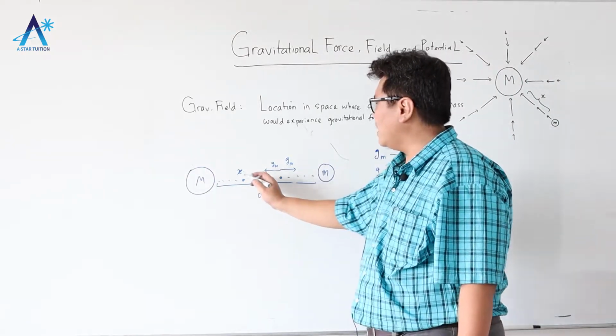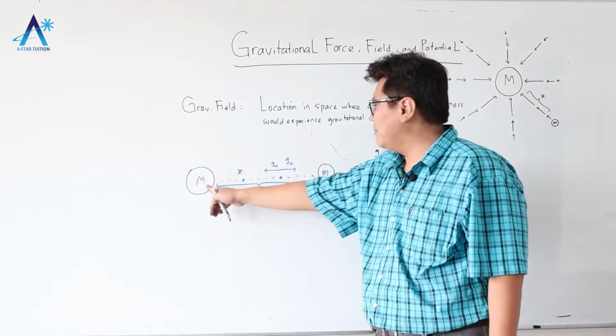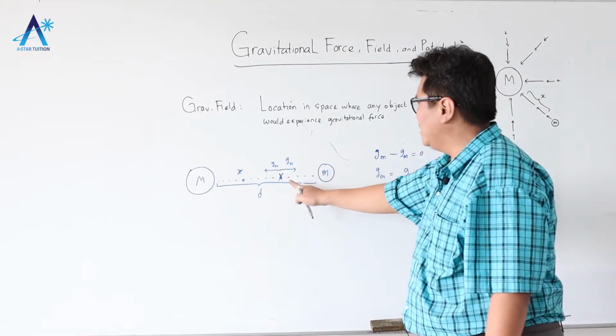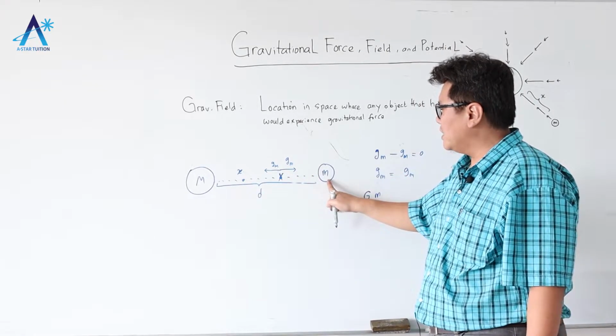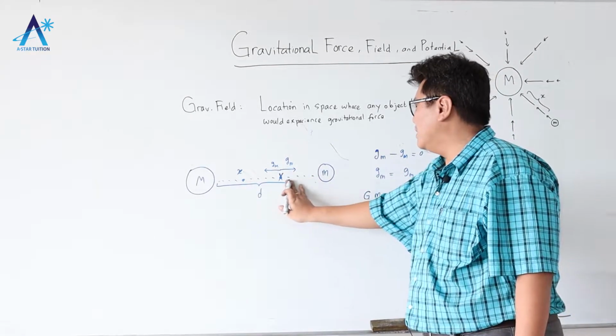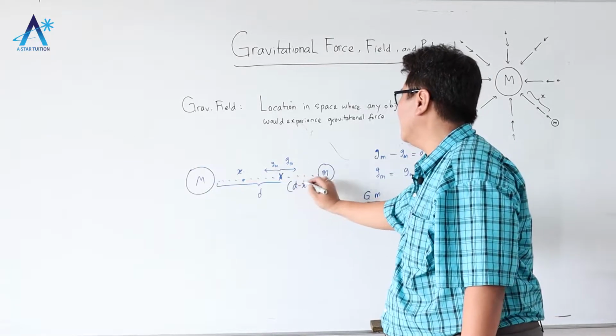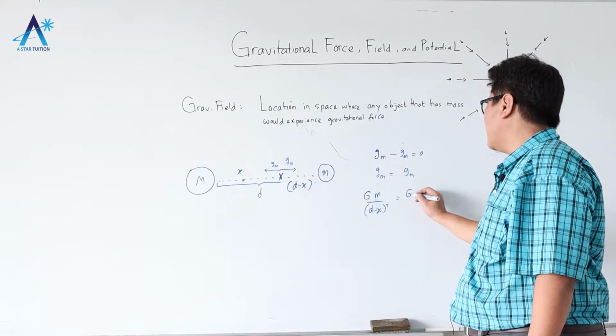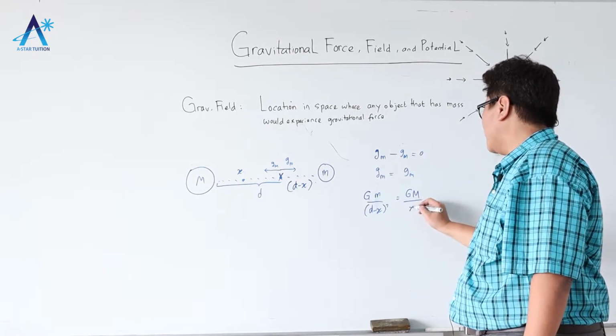You remember that this x here is the distance between the capital M and this point. So obviously the distance between the lowercase m and this point is d minus x. So d minus x squared, and this is G capital M over x squared.